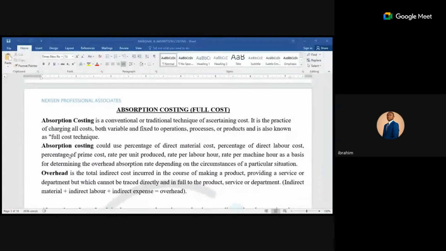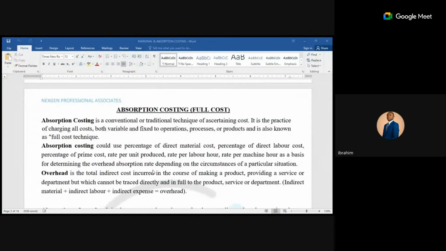Now, absorption costing could use percentage of direct material costs, percentage of direct labor costs, or percentage of prime costs, units produced, machine hours, for determining the overhead absorption rate, depending on the circumstances of a particular situation.